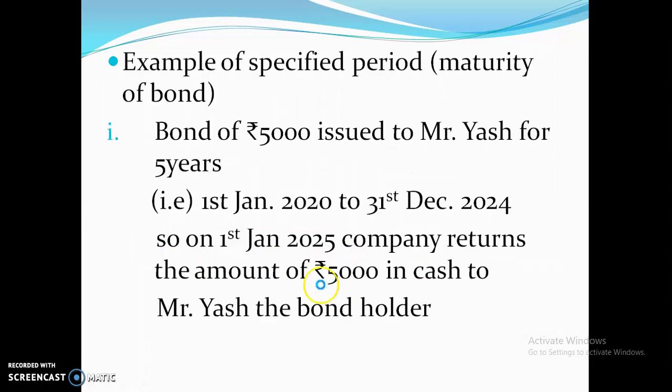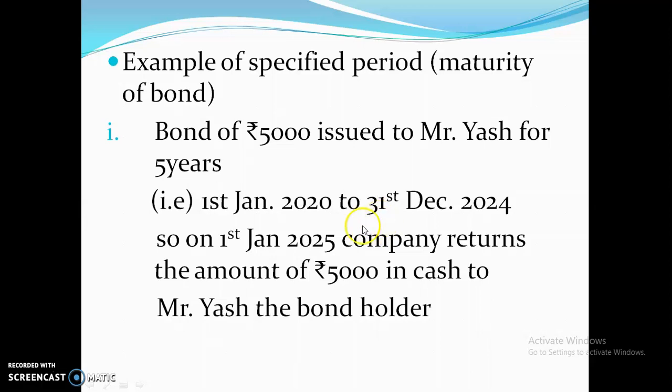Come to the example. Say, for example, I want to tell you about a specified period. See, a bond for 5,000 is issued by a company to Mr. Yash. So Mr. Yash is the bondholder. He has given 5,000 to the company for 5 years. Why have I written 5 years? A bond is issued mostly for 5 years, 10 years, 15 years like that. So for 5 years, the bond runs from 1st Jan 2020 to 31st December 2024.